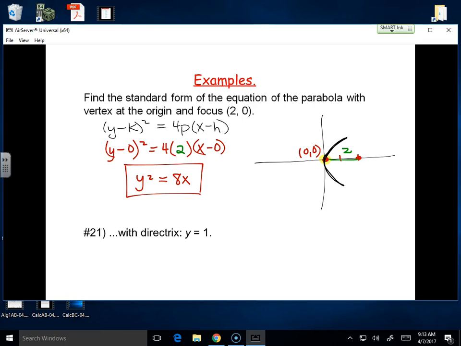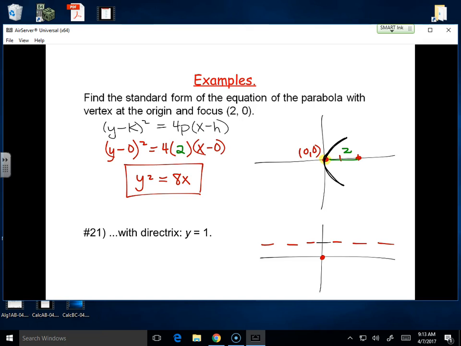Okay, look at the picture. What do you know? 0, 0, 1. Why does it have to be down? Because the parabola never hits the directrix. Jason and David, are we tracking?